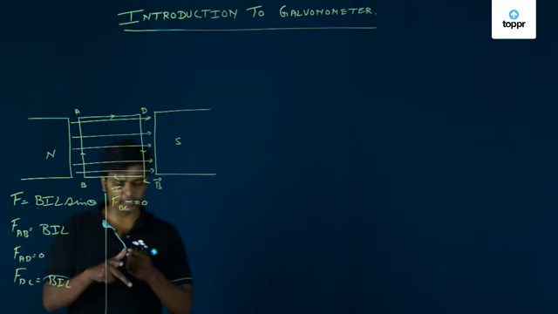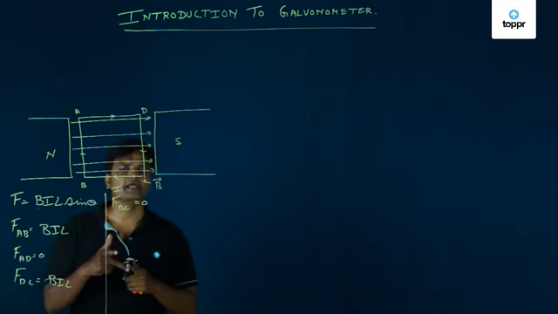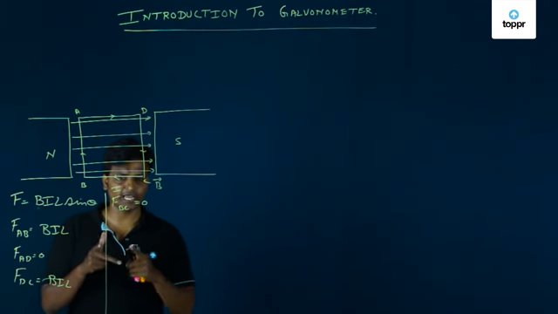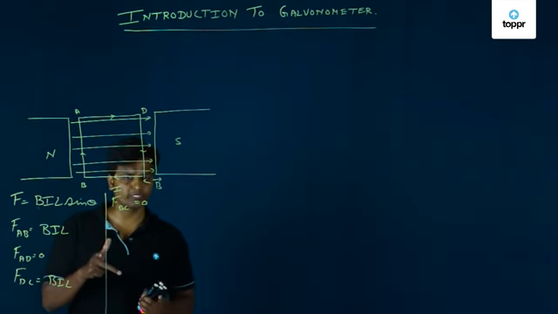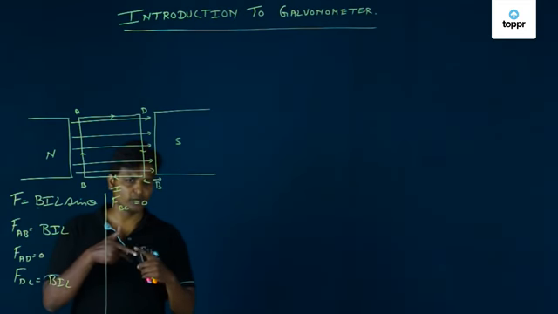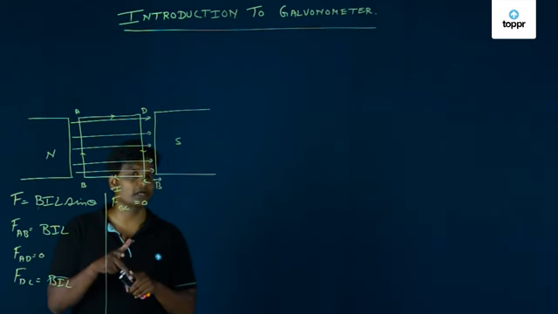How to remember this? FBI: force, magnetic field and current. Or you can also remember it by the abbreviation F, father, mother, child. Father, F, stands for force. Mother, M, stands for magnetic field. Child, C, stands for current.